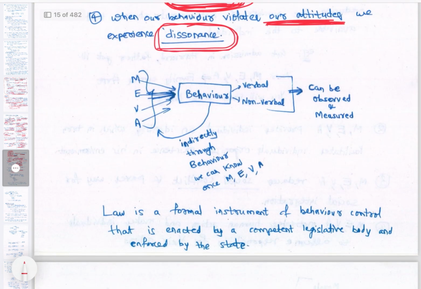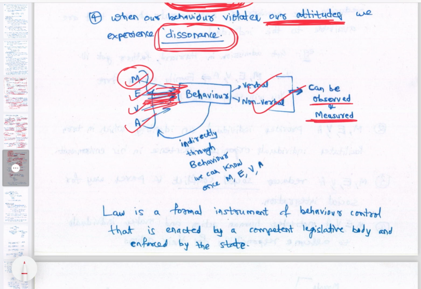Morals, ethics, values and attitudes all lead to a certain kind of behavior. If the morals are good, your behavior is good; if the morals are not good, your behavior would be bad. Behavior can be seen as verbal behavior and non-verbal behavior, which can be observed and measured.